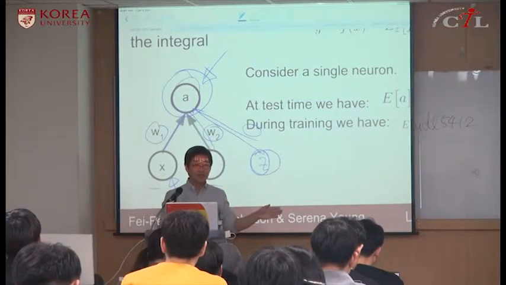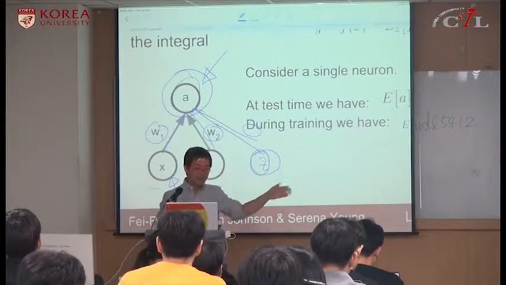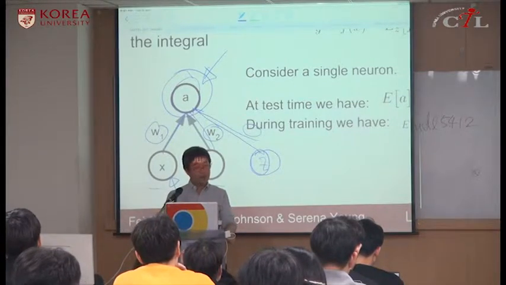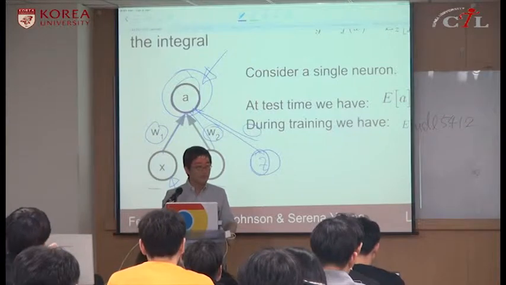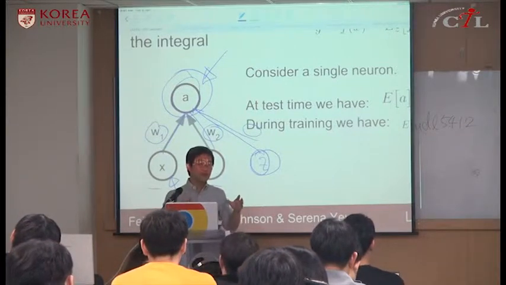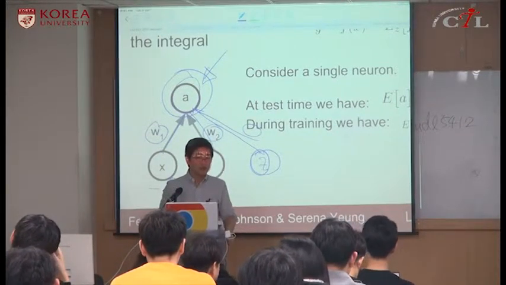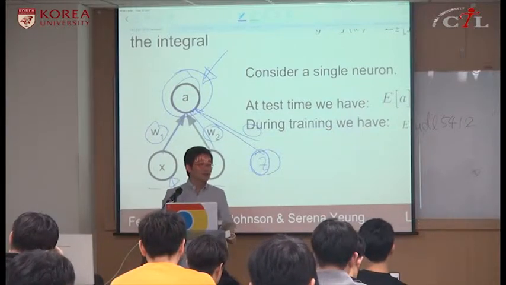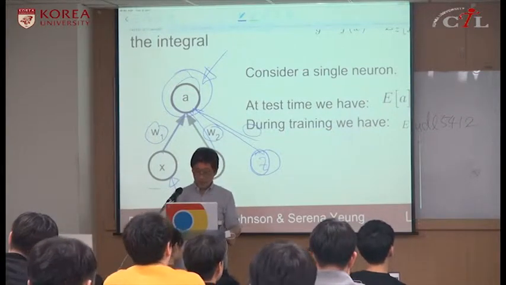So in the case of training time, we randomly drop or remove them with some probability, but during the test time, we use the full capability of our trained network. So we don't actually drop out any node during the test time, right?